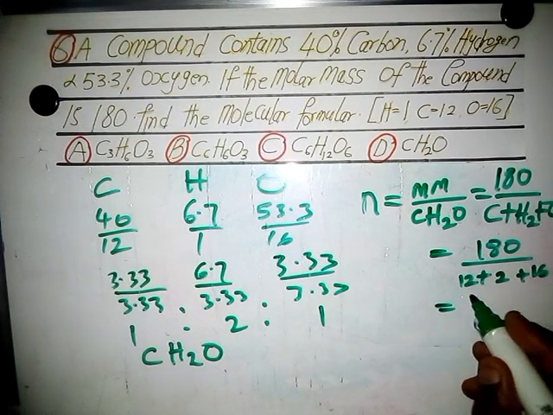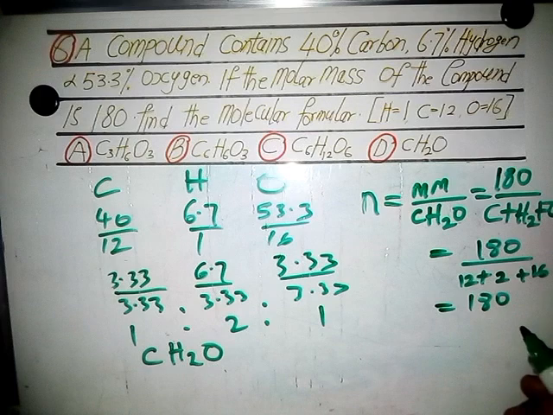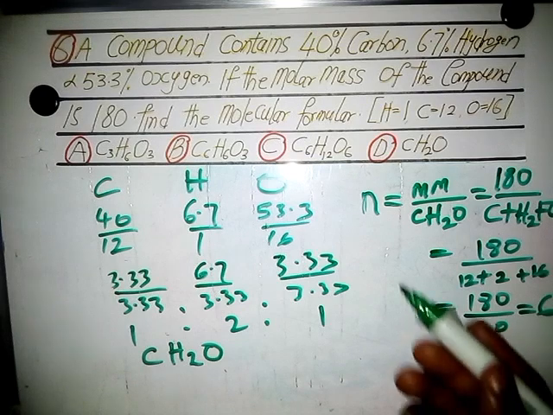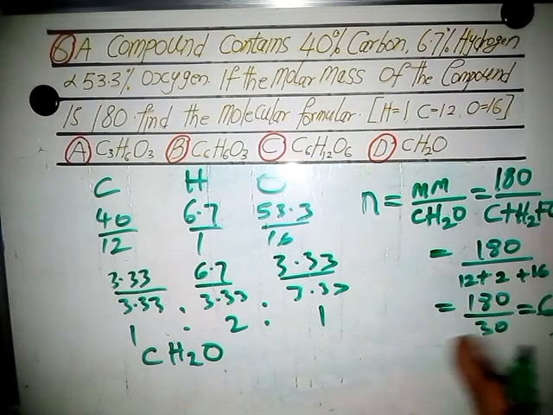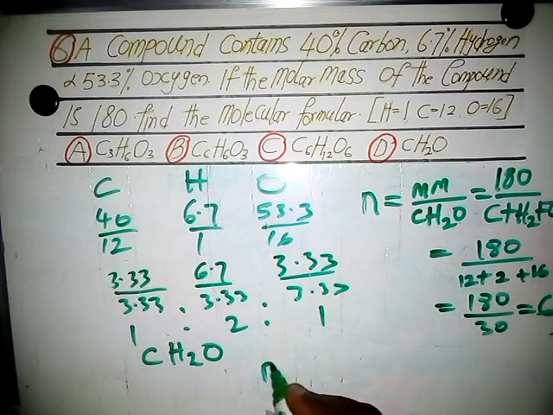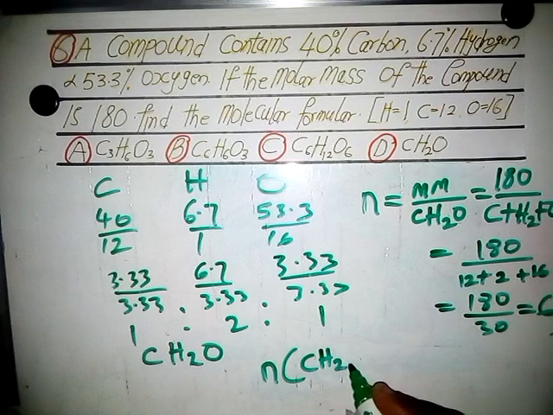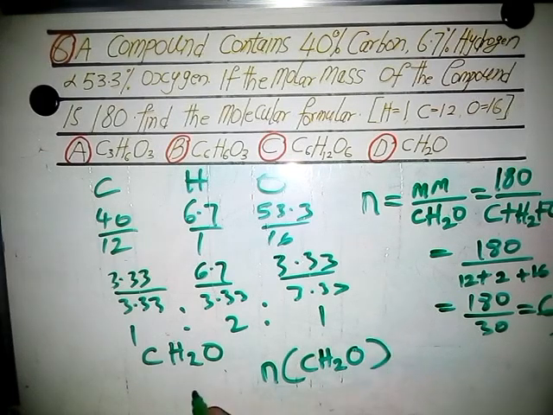So everything here is 180 over 30, equals 6. Since we have gotten n as 6, the next step is to find the molecular formula.